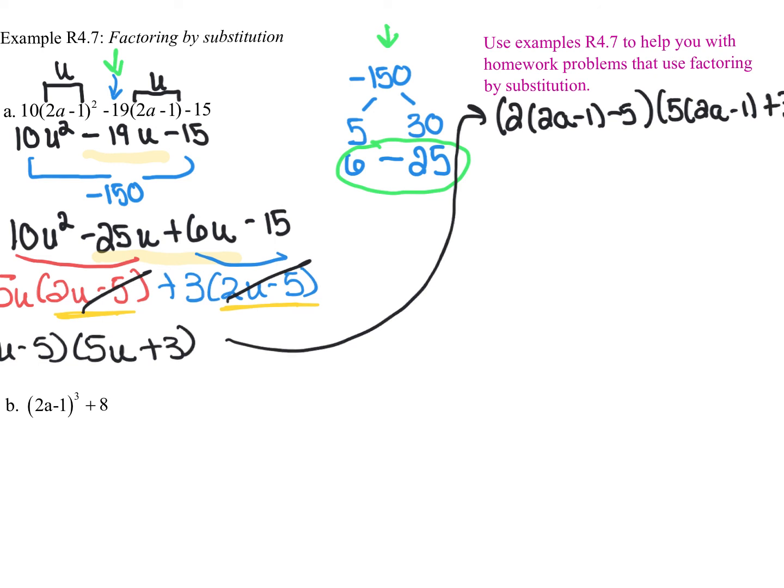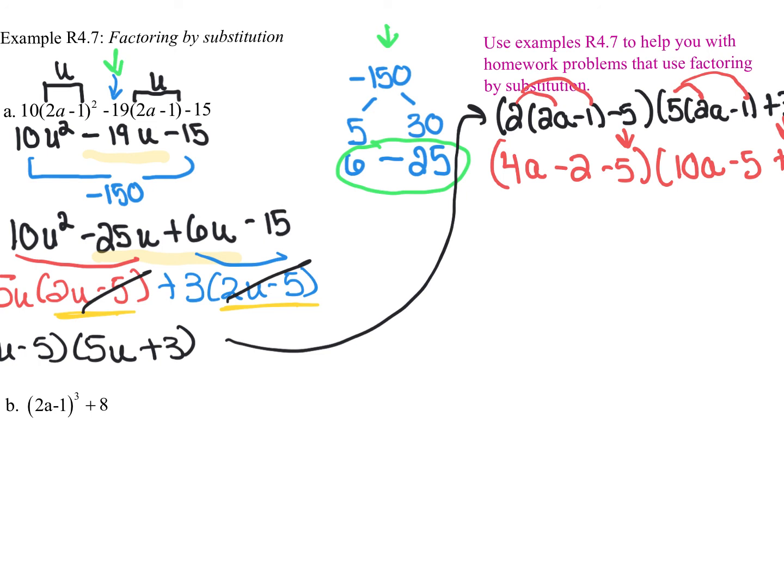I'm going to distribute my 2 into this set of parentheses and my 5 into this set of parentheses. So when I do that, I get 4a minus 2 and then minus 5. And I get 10a minus 5 and then plus 3.